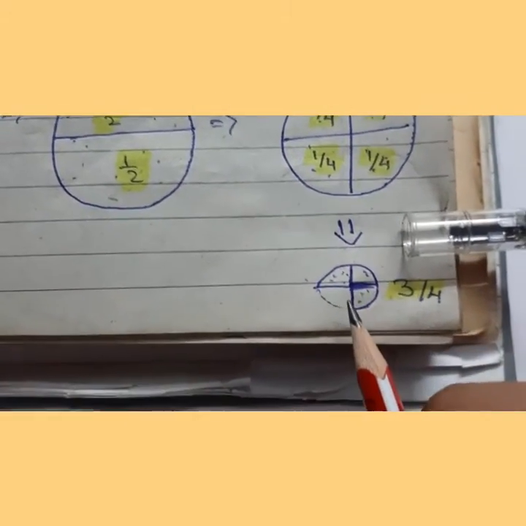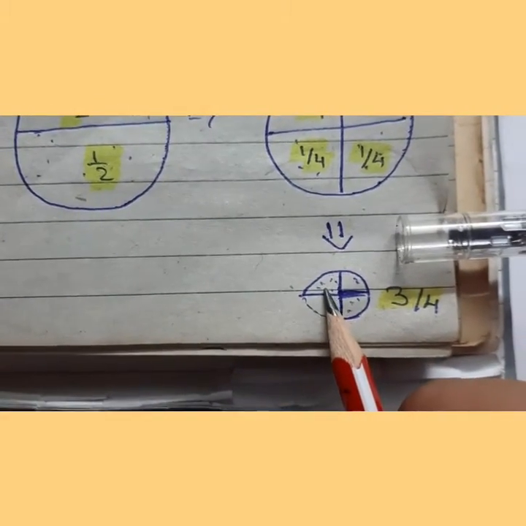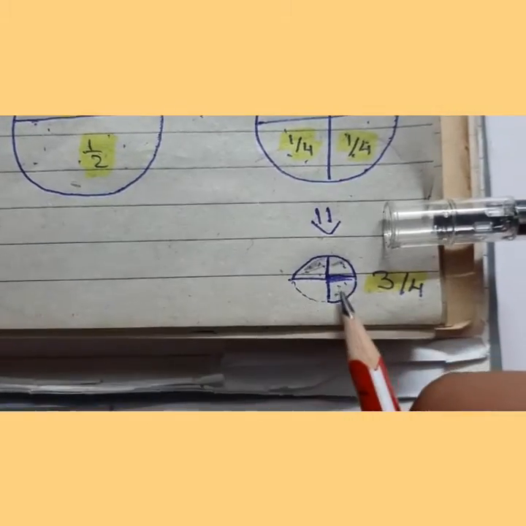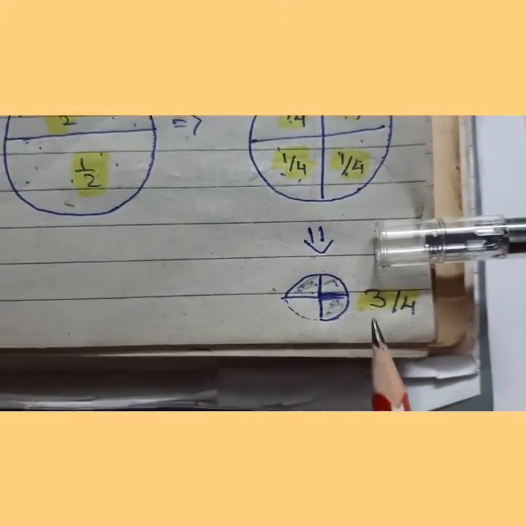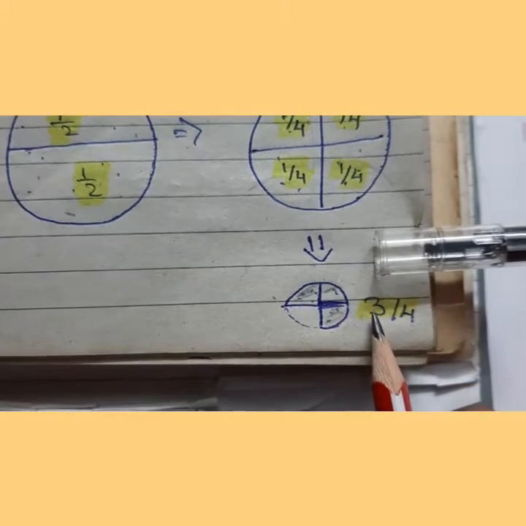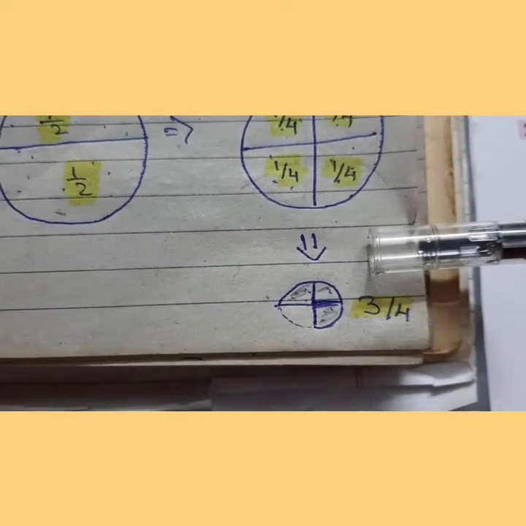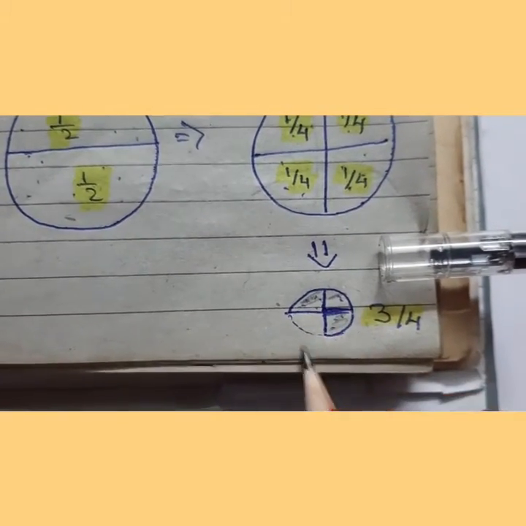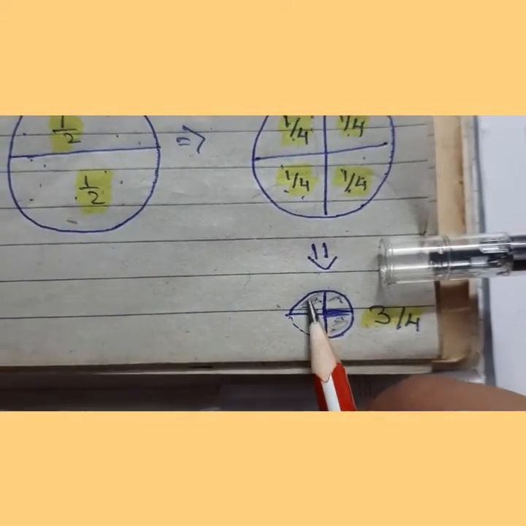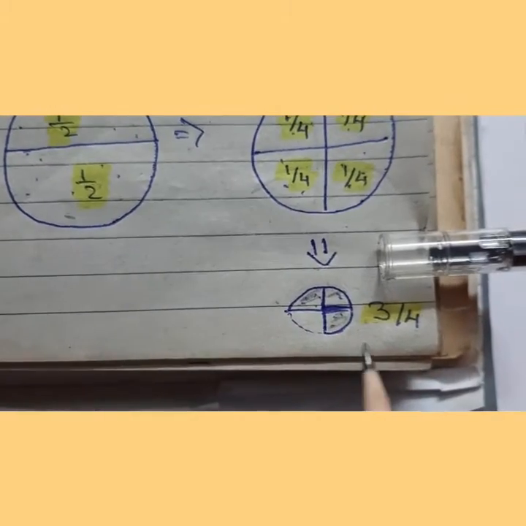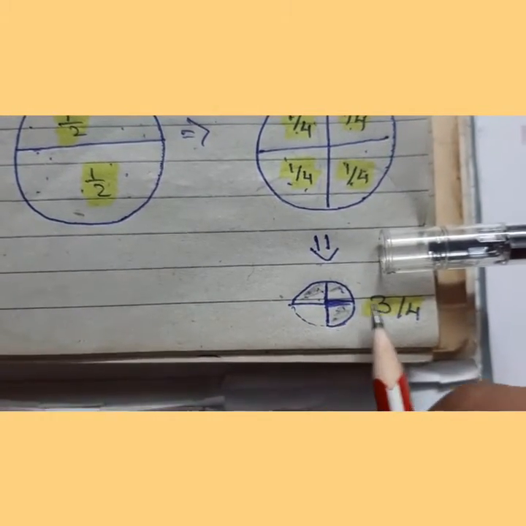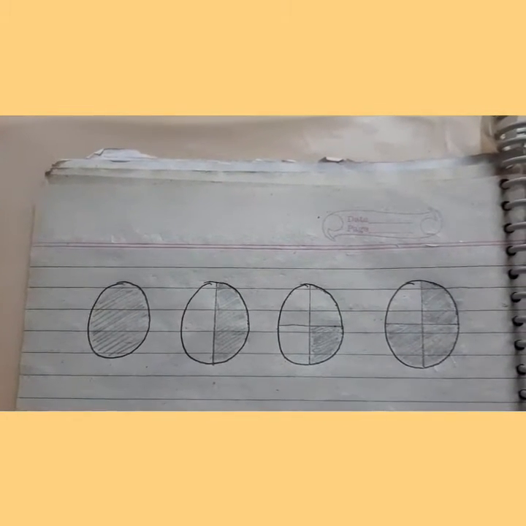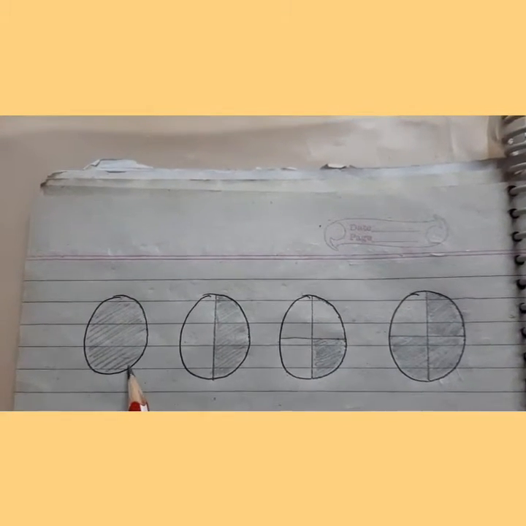If you are able to see, I have shaded only these three parts, 1, 2 and 3. That means only three parts are being considered. That's why 3 is written in the numerator. The numerator tells us how many of these equal parts are being considered. So out of the total 4 parts, since only 3 parts are being considered, we write this fraction as 3 upon 4. So let's try to tell their fraction. Like this will be known as what?